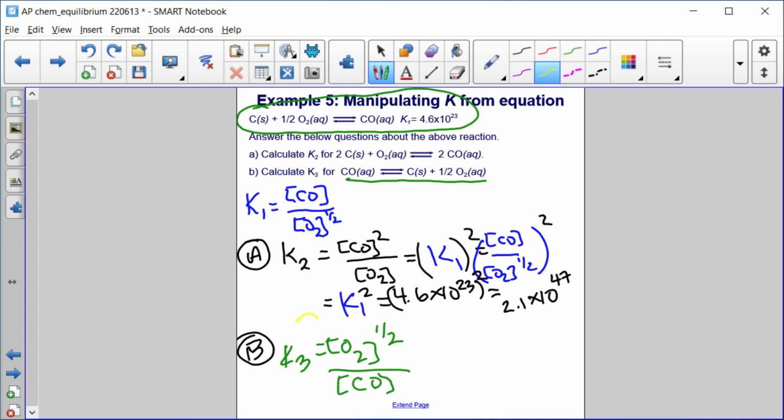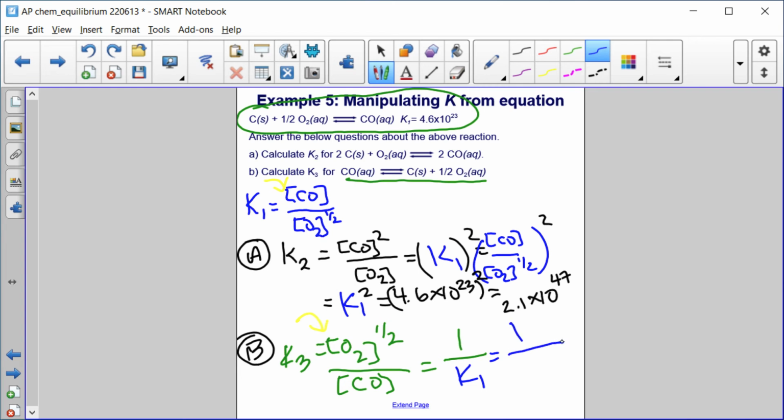So I want you to compare this with K1. See how it's just flipped? So this is equal to 1 over K1, right? Just the inverse.